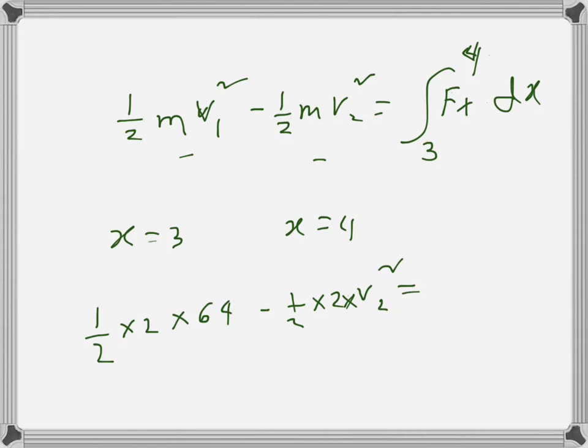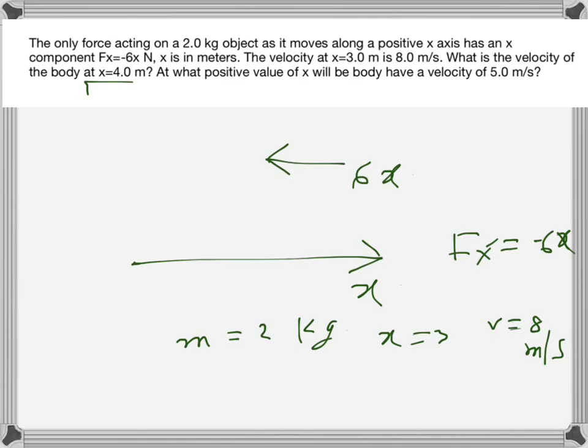Observe here that I have written initial kinetic energy minus final kinetic energy. If the force was aiding the motion, in the same direction, then it would be final kinetic energy minus initial kinetic energy.